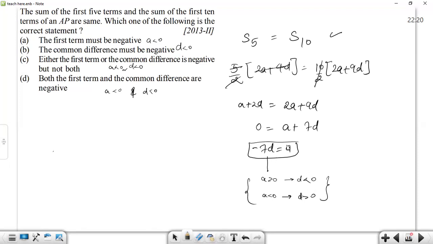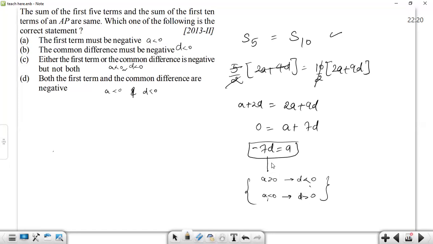Only then, if A is positive, the product will make it positive, so D has to be negative for that. If A is negative, then of course D has to be positive to make the whole product negative. Okay, so this is one condition that we can conclude.